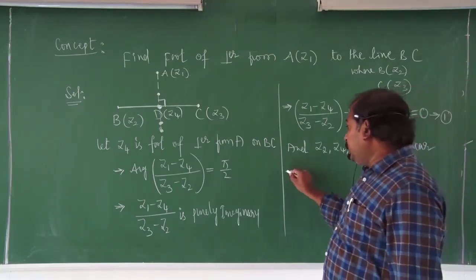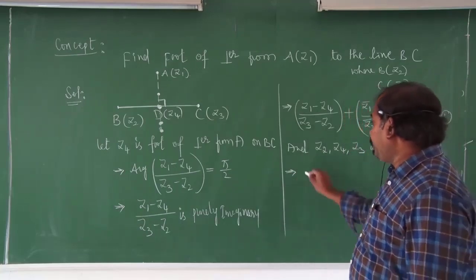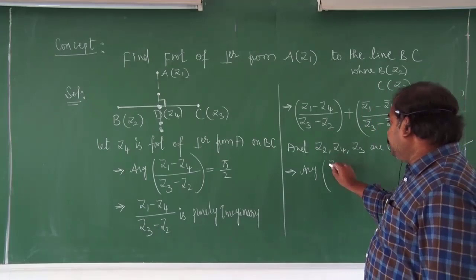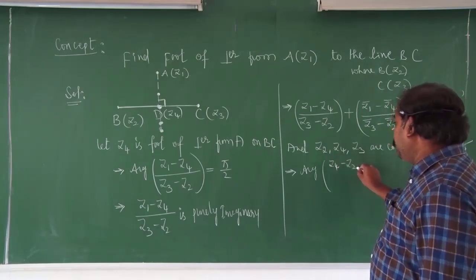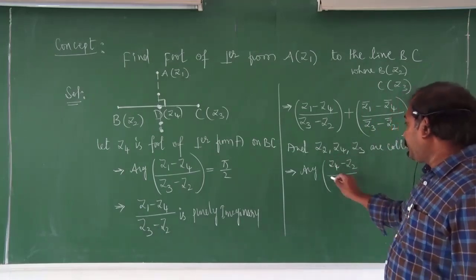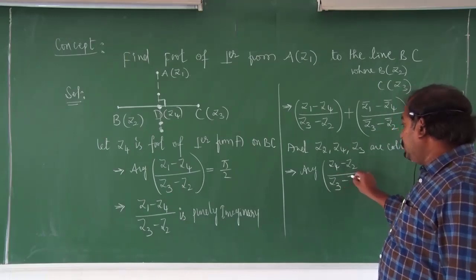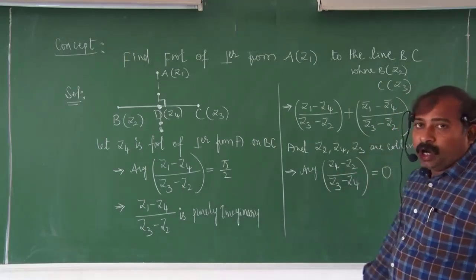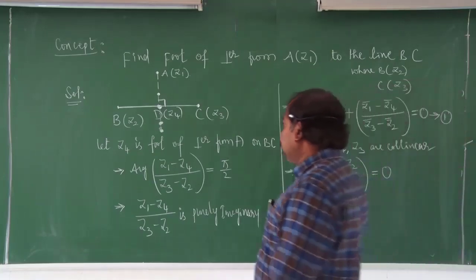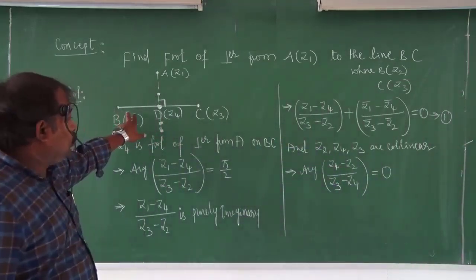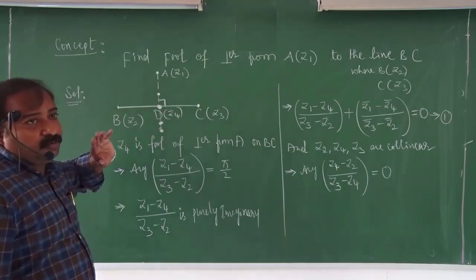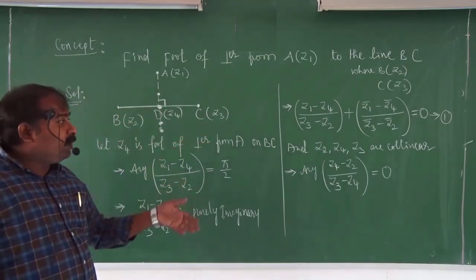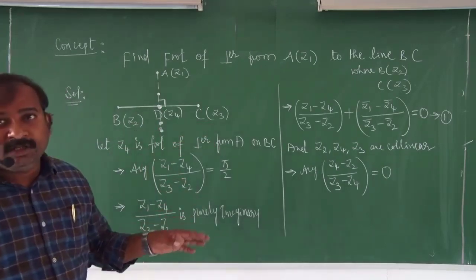So automatically that implies the argument of (Z4 minus Z2) by (Z3 minus Z4) equals what? 0 or pi. If you calculate the argument value, it is automatically either 0 or pi.